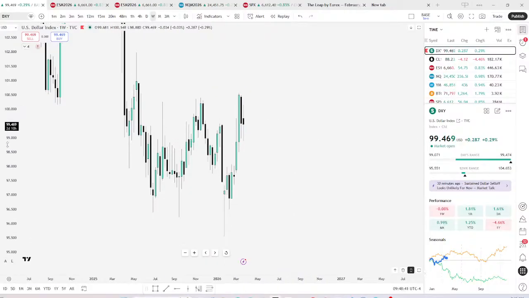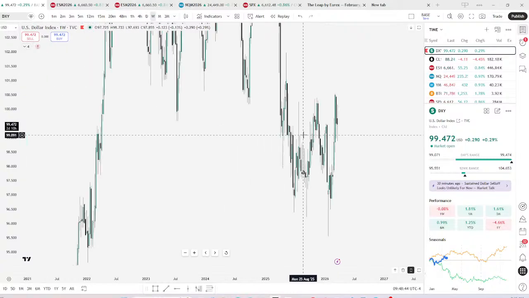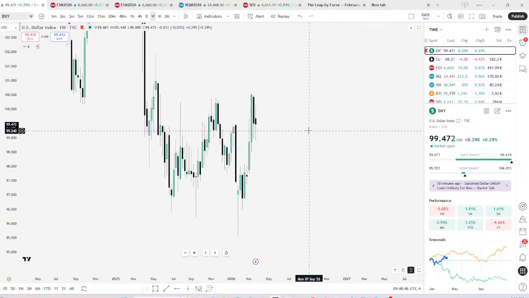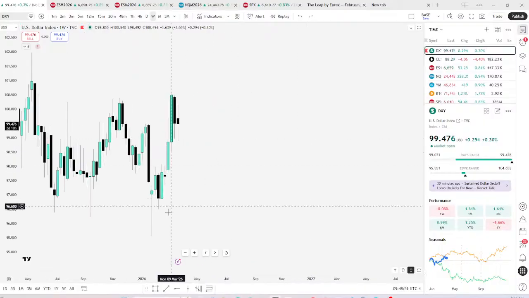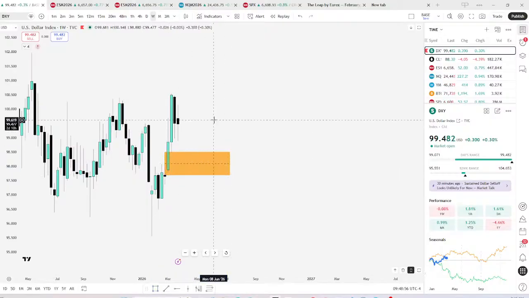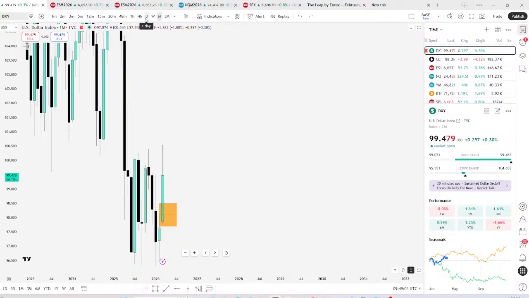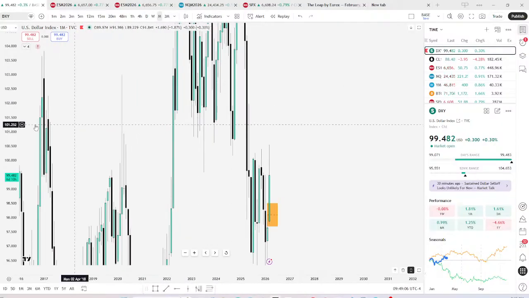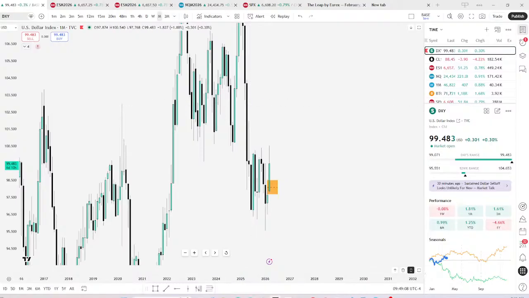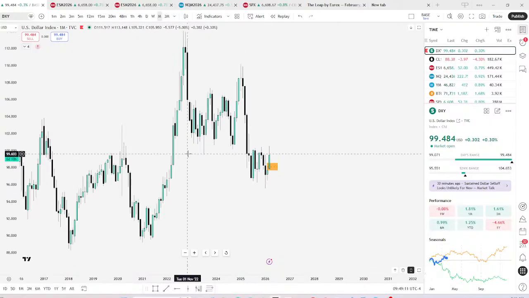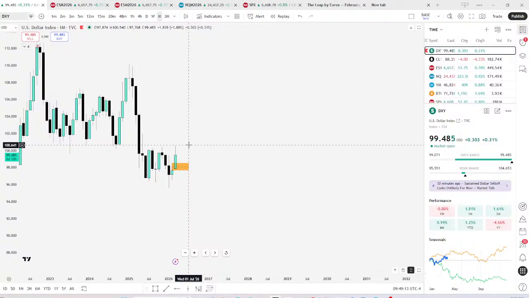Now I'm somewhat undecided on what the next area of interest might be. We're going to mark out this inefficiency right here. We have an area up here that could be worth exploring, but not necessarily required.